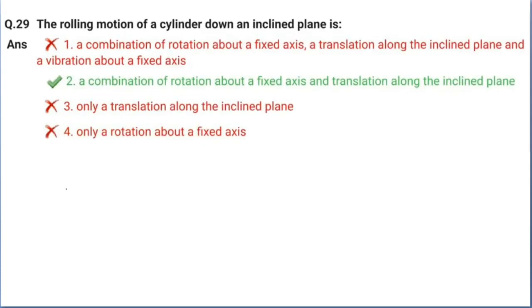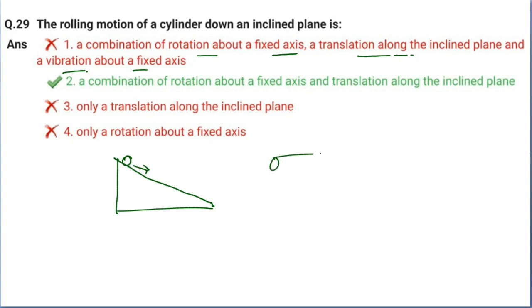The rolling motion of a cylinder down an inclined plane is. Option A, combination of rotation about a fixed axis, translation along the inclined plane, and vibration about a fixed axis. No, vibration is not there. Inclined plane is like this, and the object is a cylinder rolling down an inclined plane.